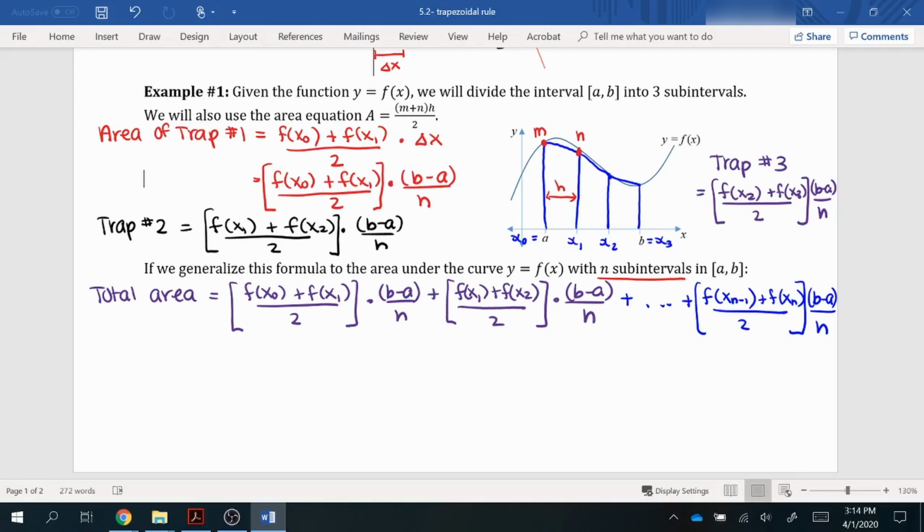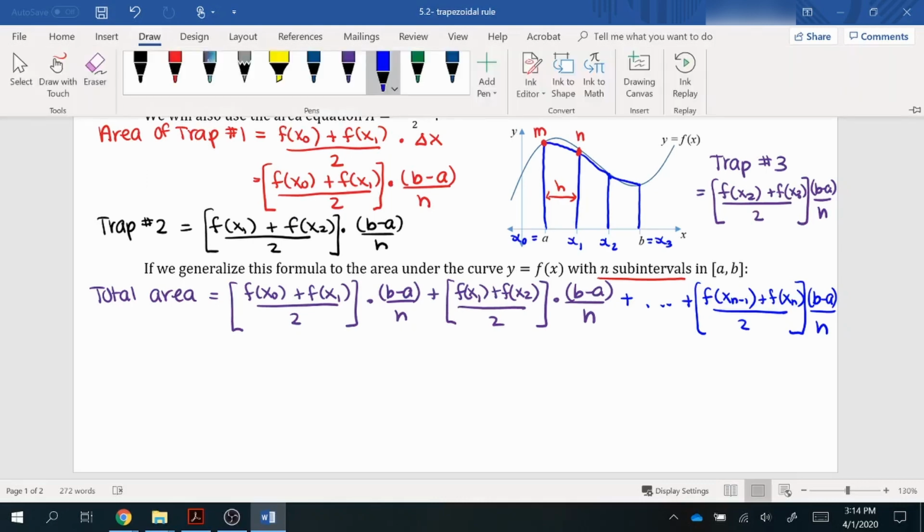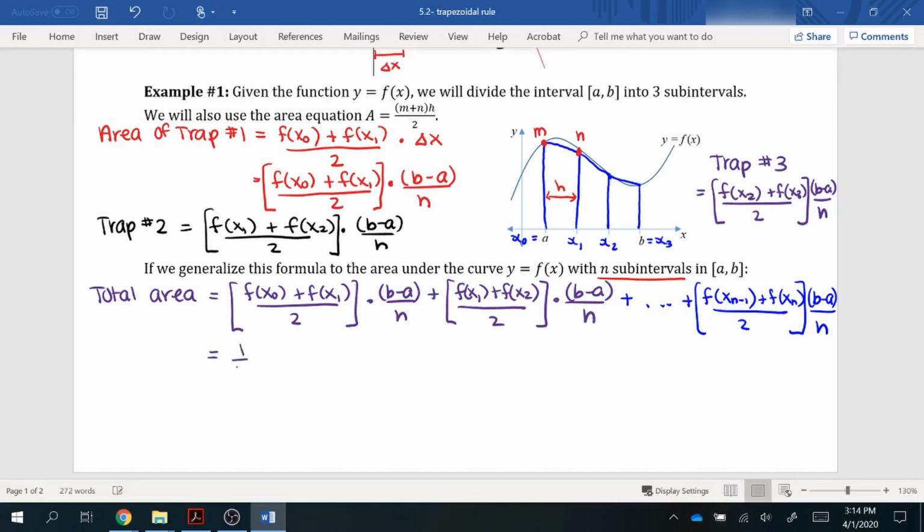So one way we can look at this is let's factor out the 1 over 2 that's in everything, the b minus a over n that's in everything. And what that leaves us with is an f of x0.